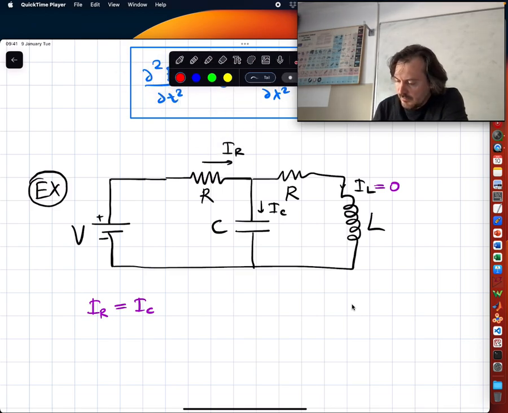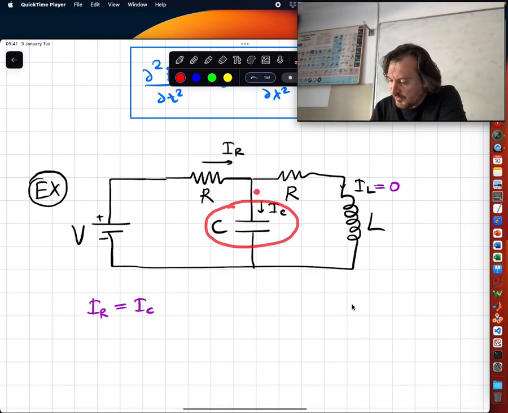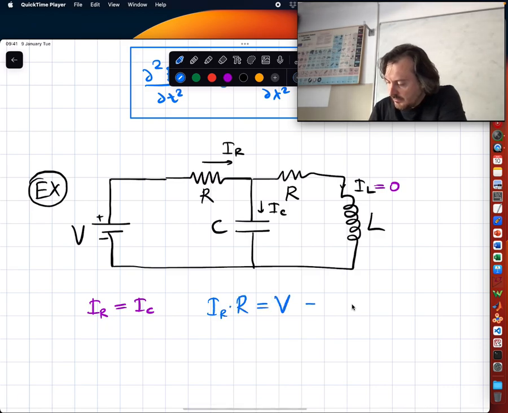So no charge here, no potential drop here. The only potential drop is here, so IR times R must be equal to V. Hence, IR is equal to IC is equal to V over R.